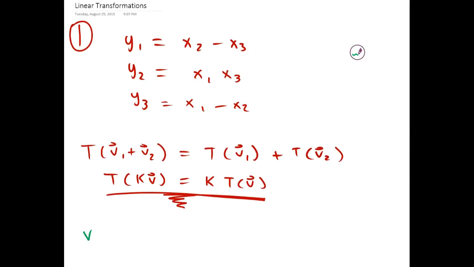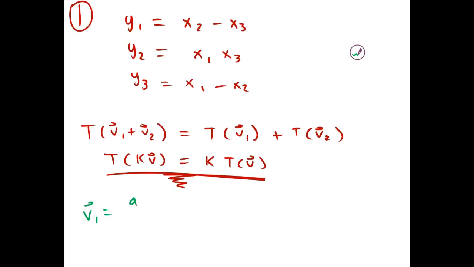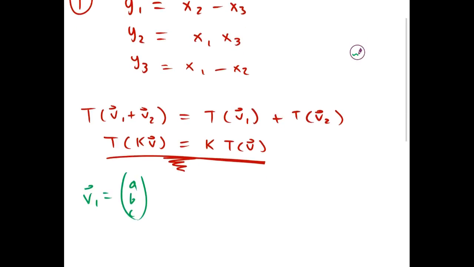We can have one input vector called v1, and we'll call that a, b, c. If we just do T of v1, for our first component, it should be our second input component minus the third, so b minus c.